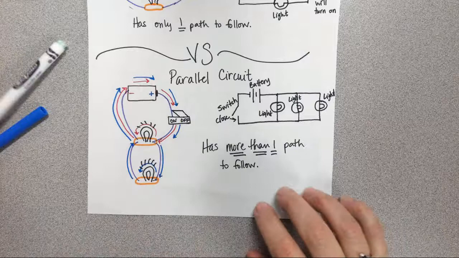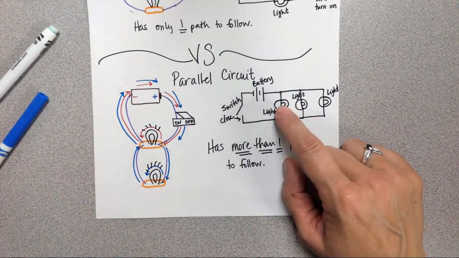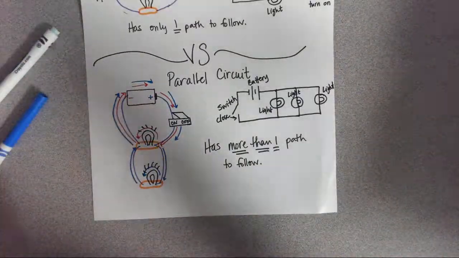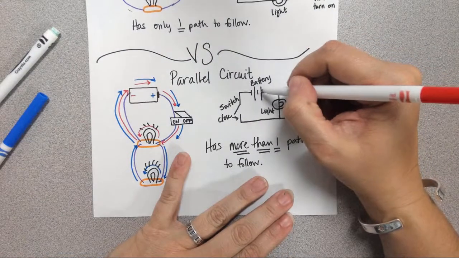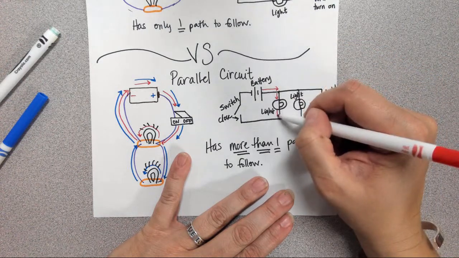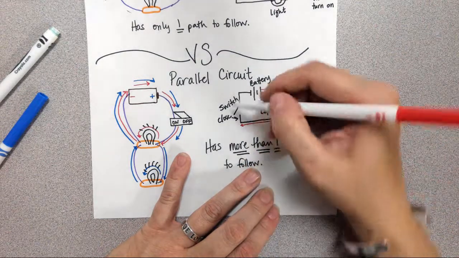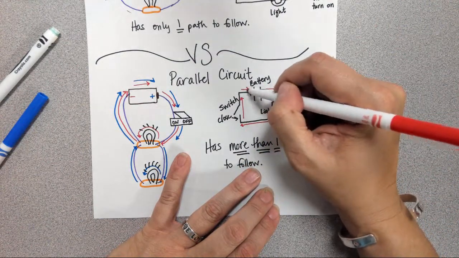And if I take this light out, the others are still going to go on. So, start at the battery, goes down, the light comes on, goes back up to the battery.